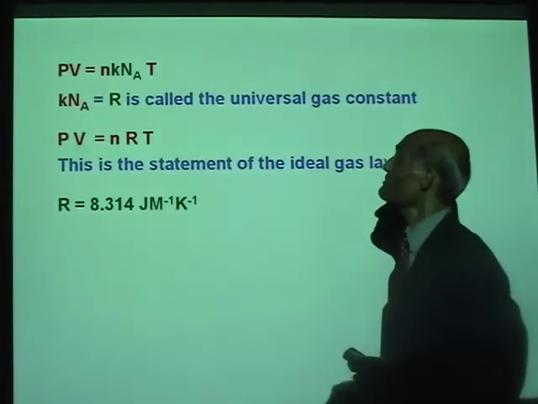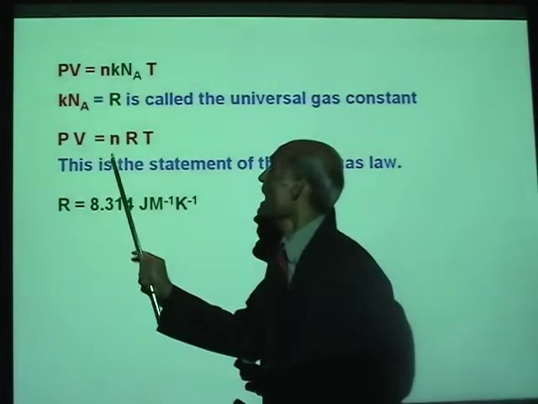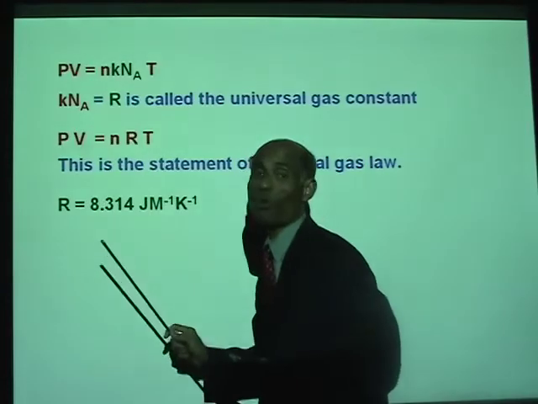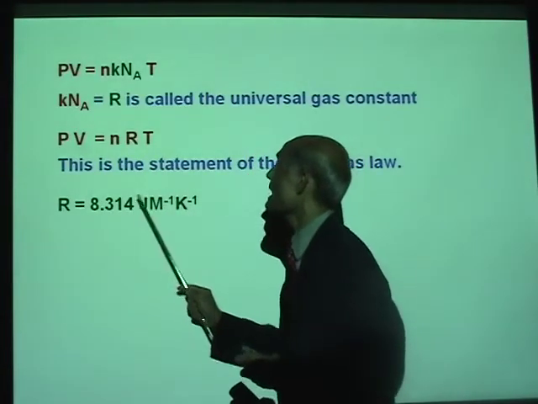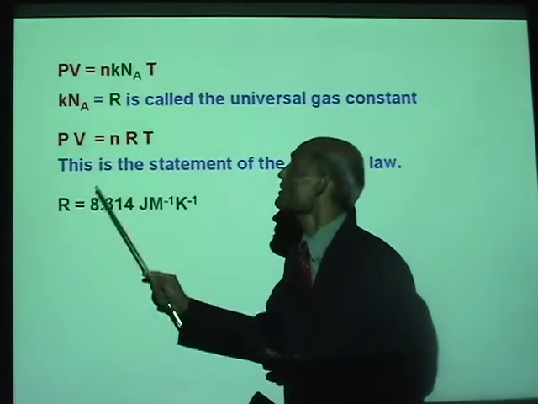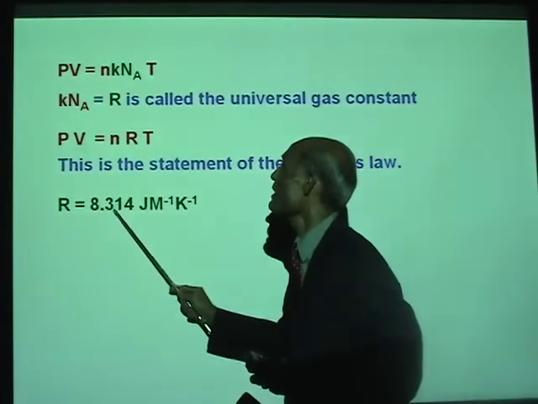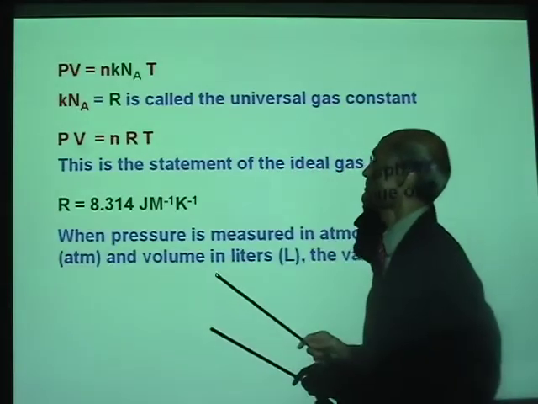Now this is the statement of the ideal gas law. And the value of R is calculated as 8.314 joules per mole per Kelvin. Now write down that value and learn it. The value of the universal gas constant is 8.314 joules per mole per Kelvin.